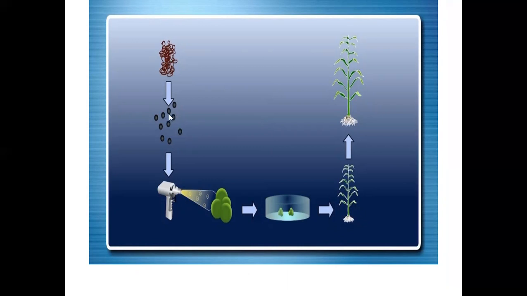See here, these are the tDNA bullets. The tDNA bullets are inserted into the gene gun cylinder.